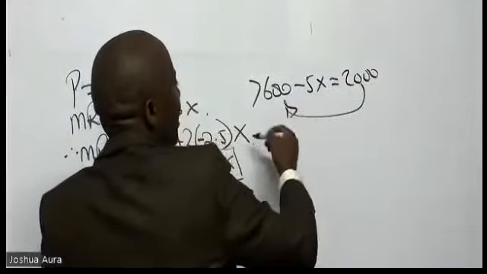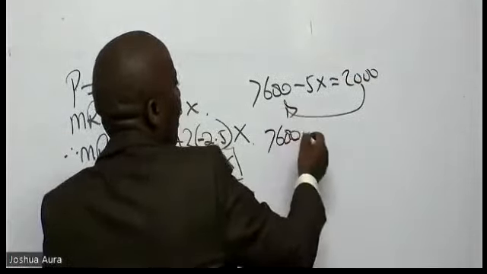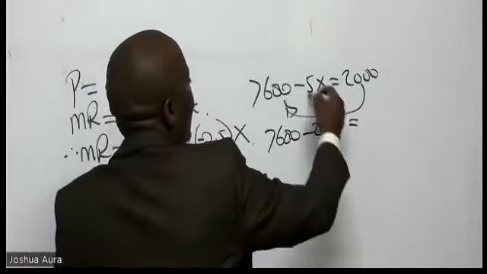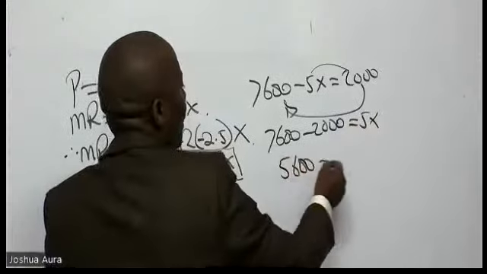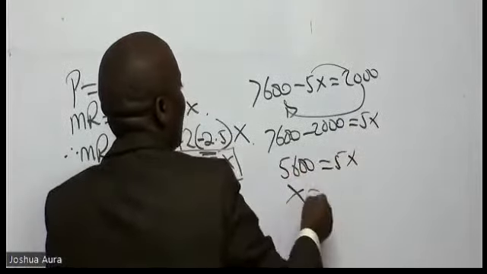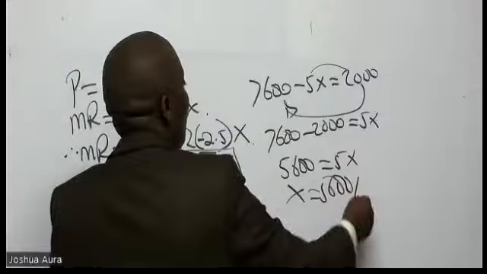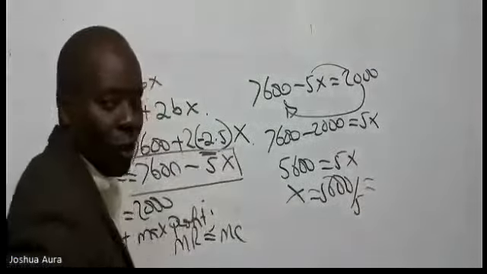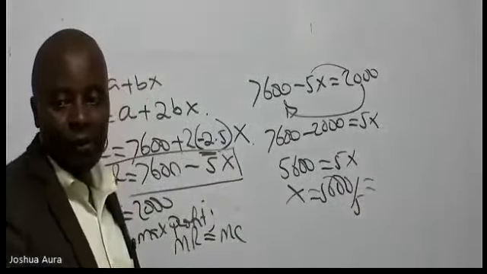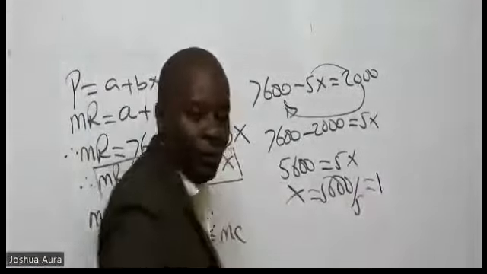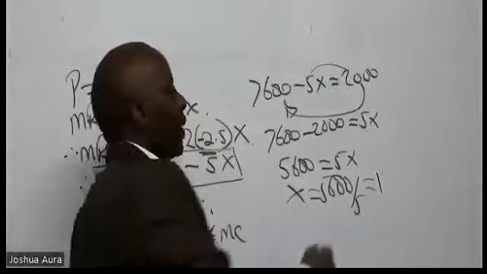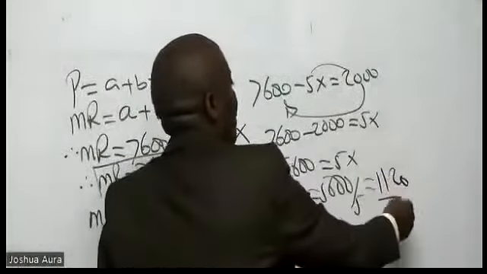So bring this here: 7,600 minus 2,000 equals 5X. So 5,600 equals 5X. X will be 5,600 over 5, which is 1,120. X is 1,120.